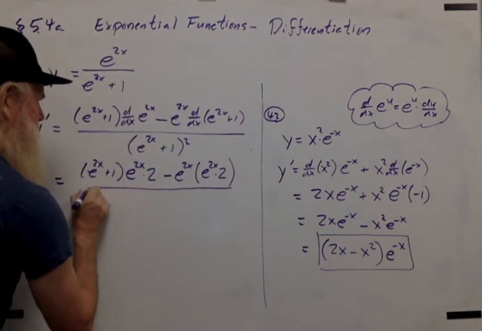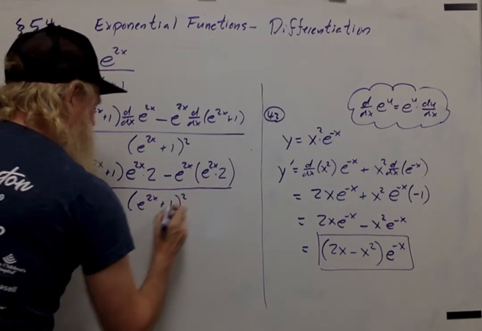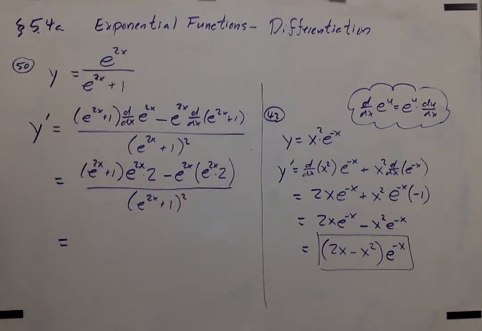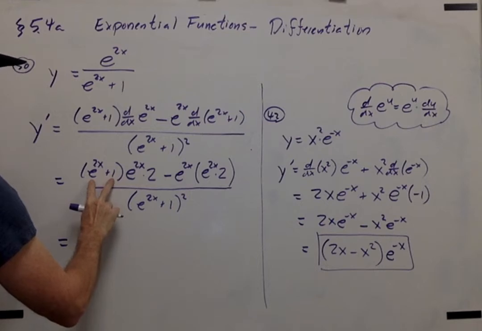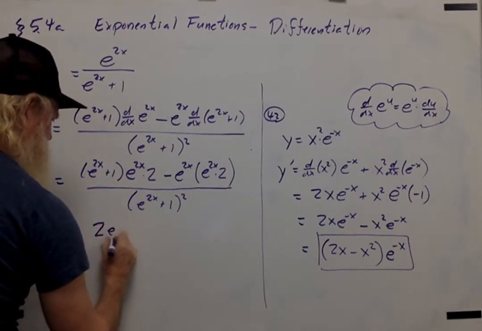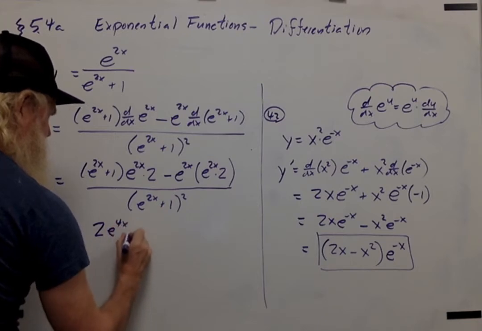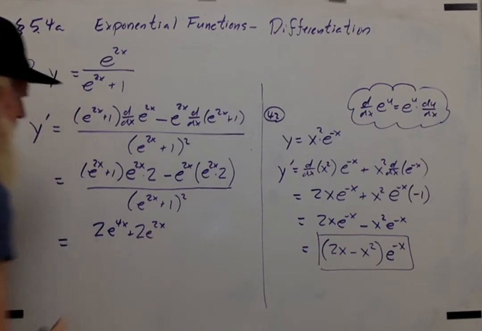Let's bring along the denominator. And now let's see if we can simplify the numerator a little bit. I'm going to distribute this 2e to the 2x across this binomial. So that gives me 2e to the 4x plus 2e to the 2x.